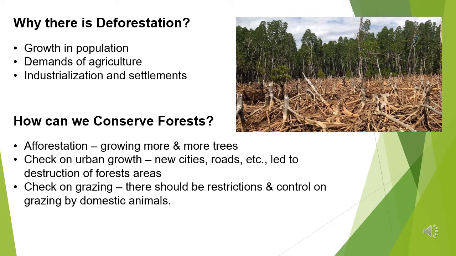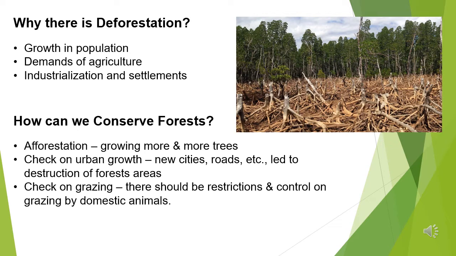Then more and more people will need employment, so industrialization will develop, and if there are more industries, the production of useful items will be there, and for settlements, people will need land for the construction of their houses. So that's why deforestation is there.